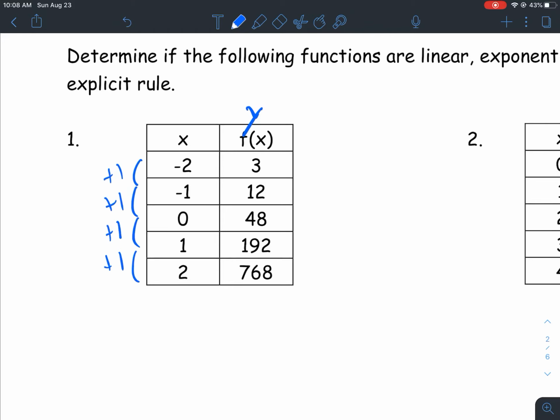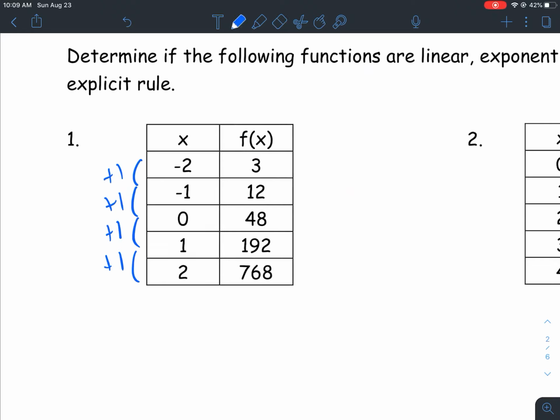To find the common difference, you take the term below and subtract the term above. So you'll do 12 minus 3, and I got 9. So we know we went up by 9. Let's do the next one. 48 minus 12, I got 36. That tells us right there that this is not a common difference because they have two different differences. It's not common, so we know that this is not going to be linear.